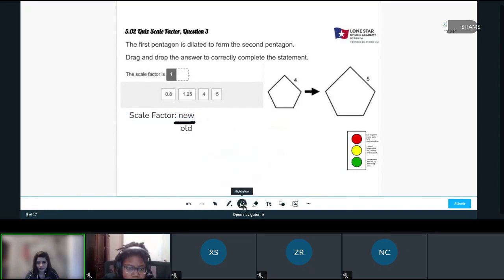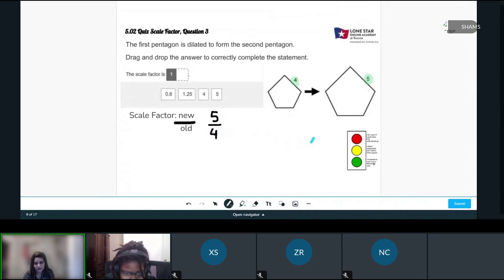So let's go ahead, mark one of the new sides is over here, 5. So one of the new sides is 5. The corresponding side in the smaller one, the original one, is 4. So I say 5 over 4.